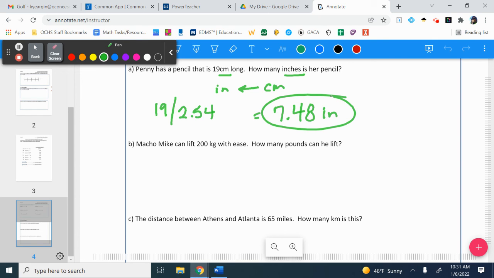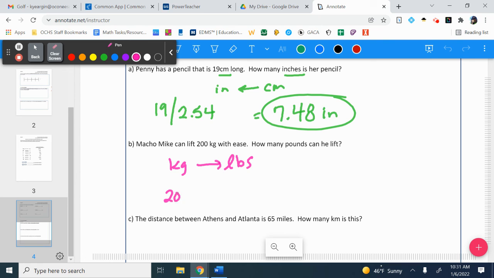We have Macho Mike, who can lift 200 kilograms with ease. How many pounds can he lift? Kilograms is going to be on the left side of our chart, and we are moving to pounds, so we're going to the right side of our chart, which means we multiply.